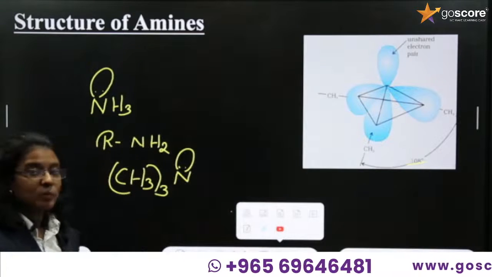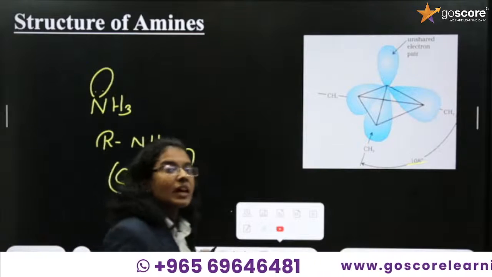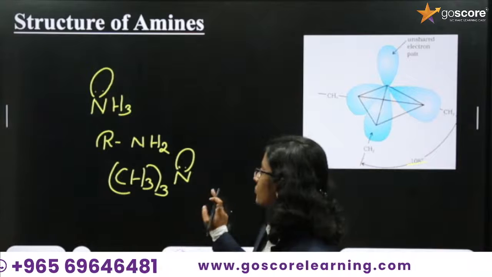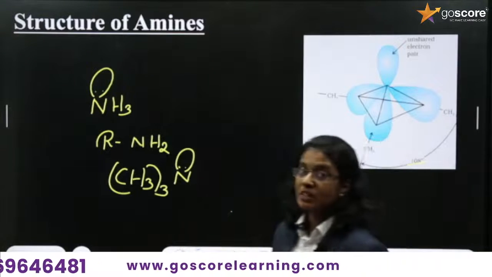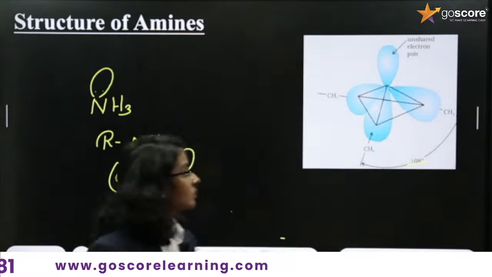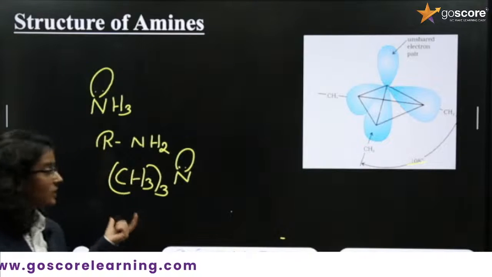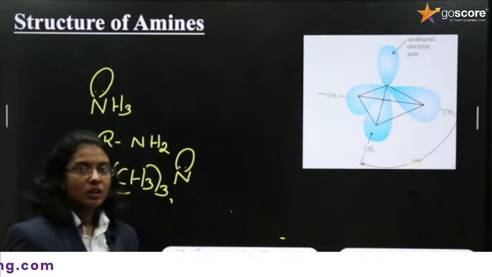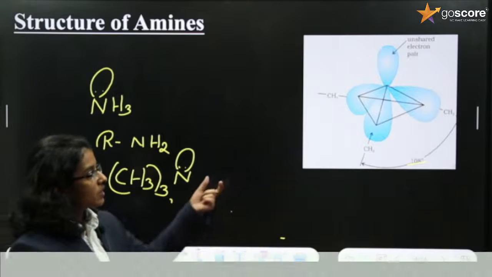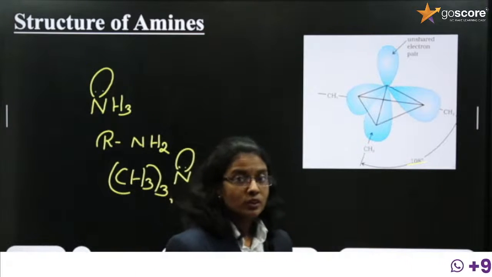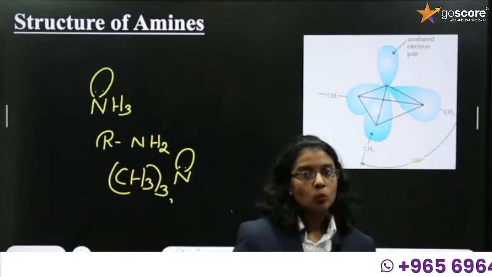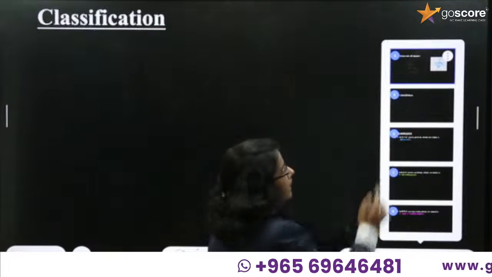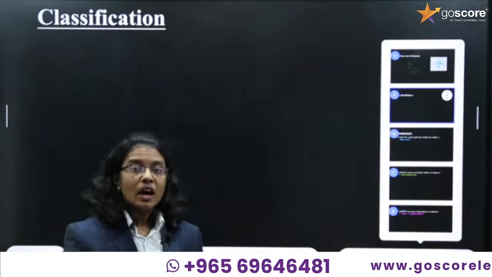So in the structure of amines, we discussed that amine is sp3 hybridized like ammonia and the shape is pyramidal. In trimethyl amine, the bond angle is reduced to 108 degrees. Next, we move to the classification of amines.